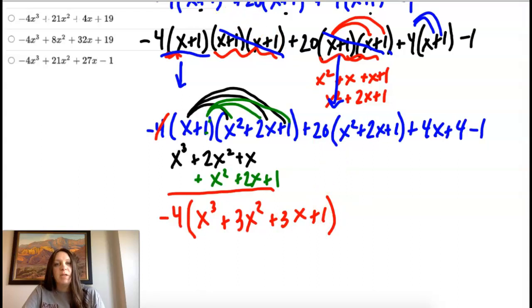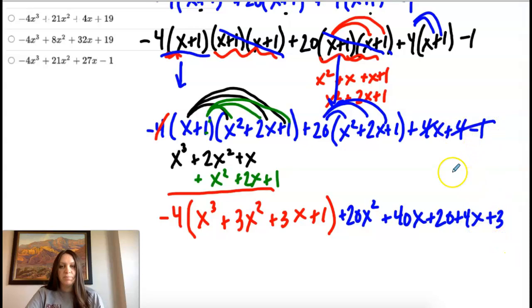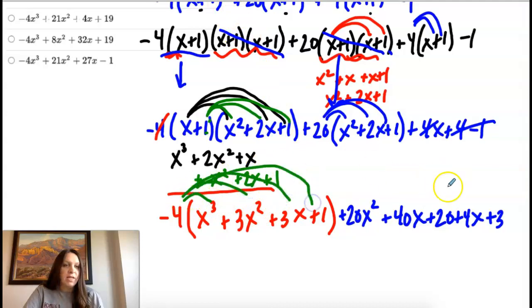And then I'm going to simplify this by distributing the 20. So plus 20x squared plus 40x plus 20 plus 4x, and then this becomes plus 3. Whew. Okay, we're almost there. Now we have to distribute the negative 4 all the way across, and then we can combine some like terms out here.